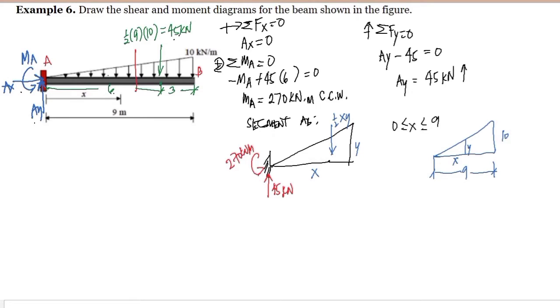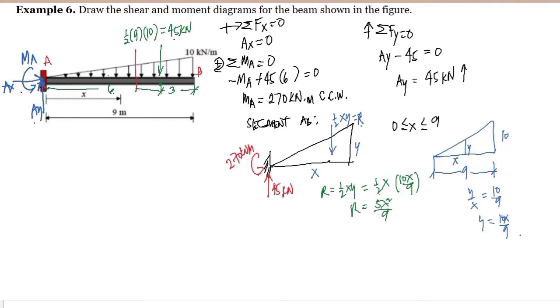So solving for the value of y by ratio and proportion, we have y is to x and 10 is to 9. So y is equal to 10x over 9. Since the resultant of the load is R, so let's compute for the value of R. So R is equal to 1/2 xy, but y is equal to 10x over 9, so we substitute 10x over 9 here. So we have here 10 divided by 2, so that's 5x squared over 9.